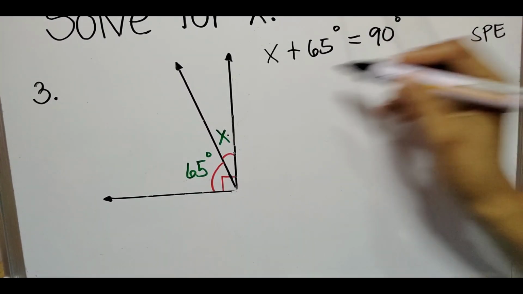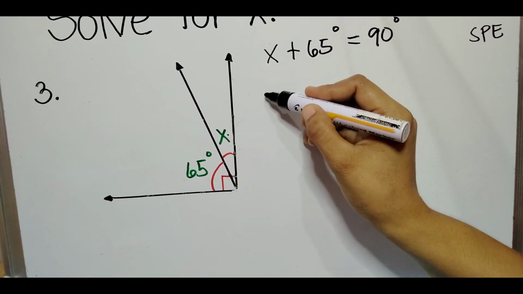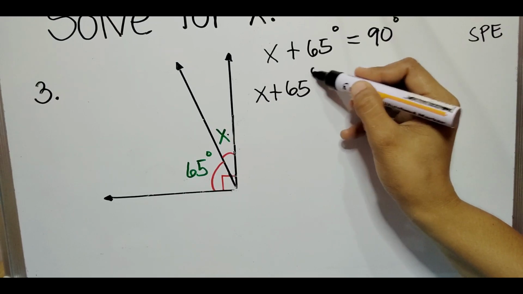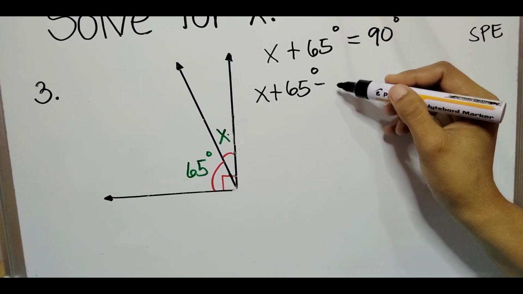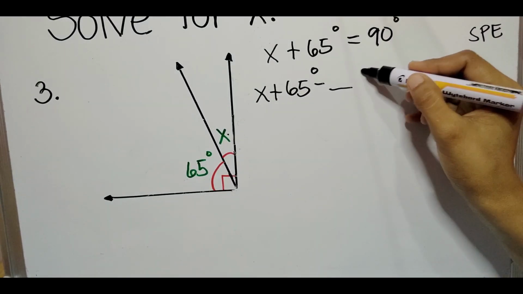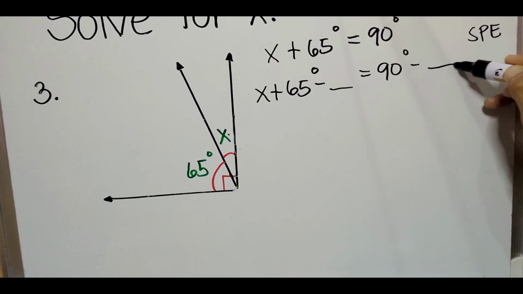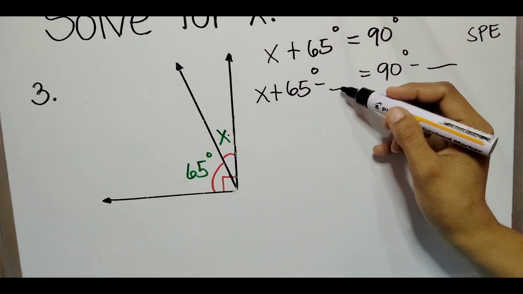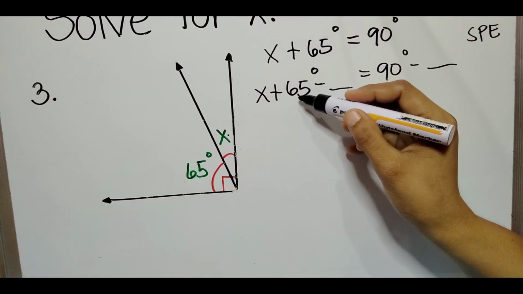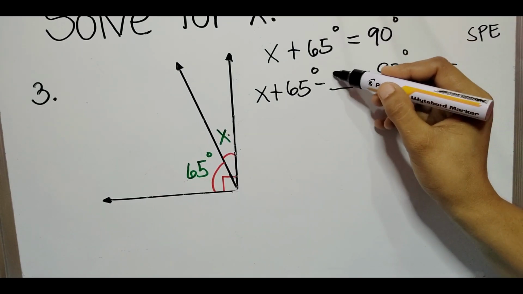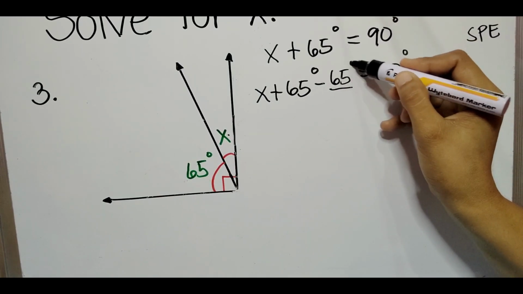So, applying the subtraction property of equality, we copy x plus 65 degrees, minus blank, 90 degrees, minus blank. What number, when we subtract it from 65 degrees, will make this 0? Same number, which is 65 degrees.